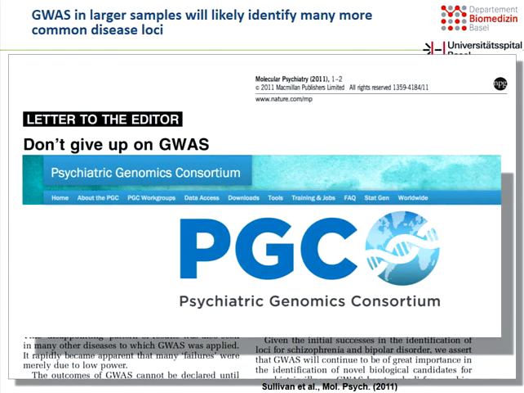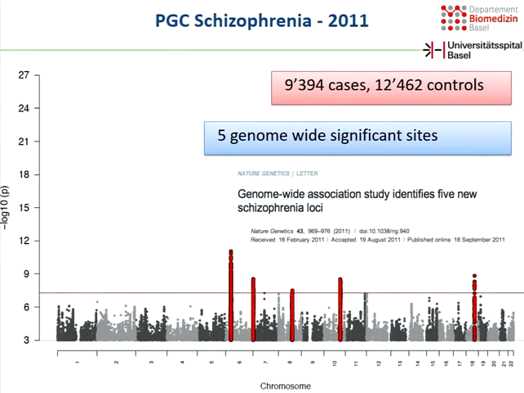And within that consortium, I'm also part of that consortium, we said, no, we should not give up on GWAS. Probably we are just overestimating the effect sizes of the variants that are involved in psychiatric diseases. And we just have to increase the sample sizes, and by this we will probably find the involved variants. And a little bit later, a larger study came out.